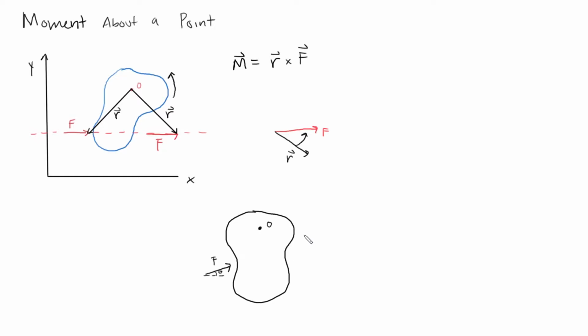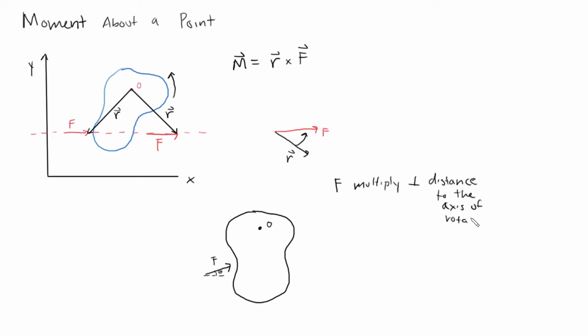So what we can do is scalar operations to solve for the actual magnitude of the moment vector without actually performing the cross product. So what the moment is, is that we take the force and multiply it by the perpendicular distance of that force to the axis of rotation.